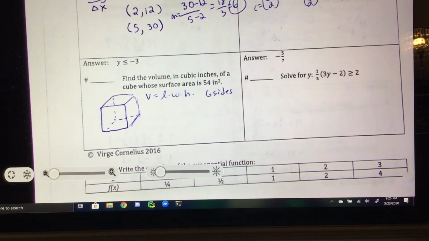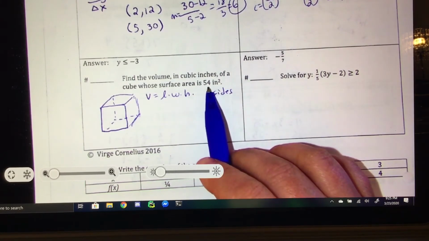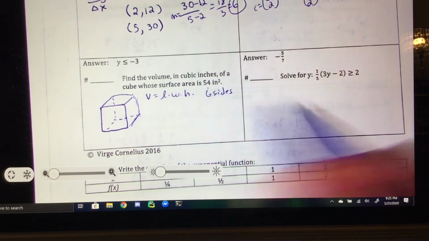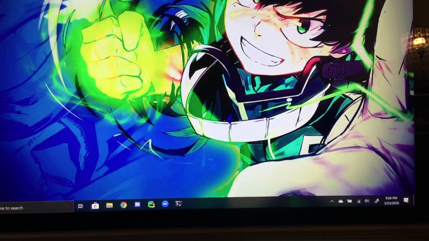I know it's a bad thing to say on a video, but I'm looking at my work and thinking, okay, so if there's 6 sides and the area is 54 inches squared, and all the sides are the same length, so 54 divided by 6 is 9. So one side would be 9 inches squared, because if I added all 6 sides up, I would have 54. So if one side's 9 inches squared, how do I get the length?